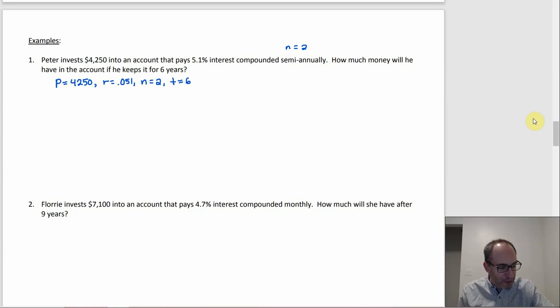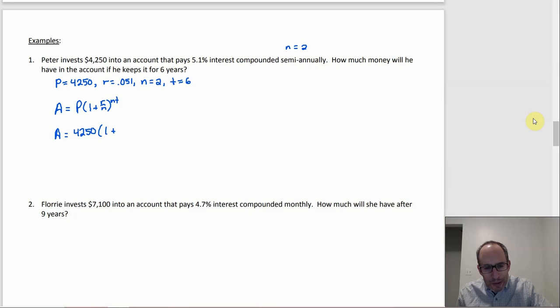All right. So then our formula was that A is equal to P times (1 plus R over N) raised to the power of NT. And we should just be able to sub everything in now. So we'll have 42.50 times (1 plus 0.051 over 2) raised to the power of 2 times 6.